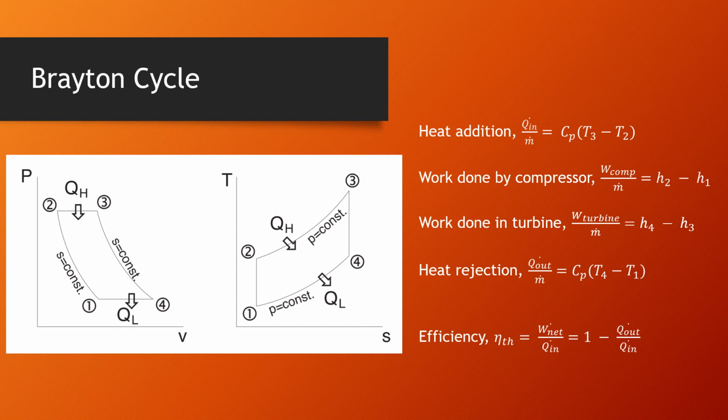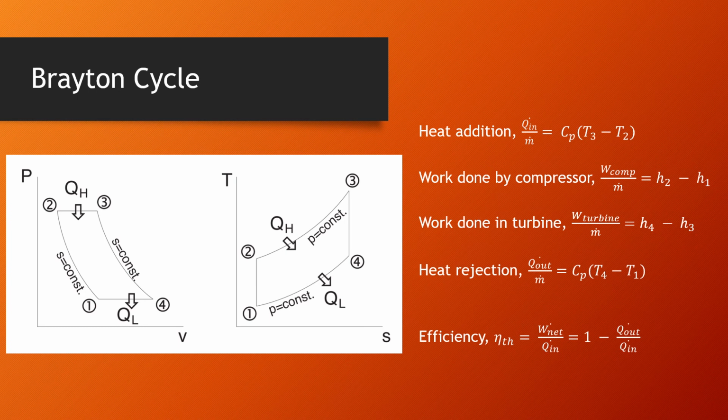Now, the heat addition to the system at the combustion chamber would be equal to mCp delta T. The delta T would be the temperature at the outlet of the combustion chamber minus the temperature at the inlet of the combustion chamber. The work done by the compressor would be the change in enthalpy of the fluid from the exit of the compressor to the inlet of the compressor.